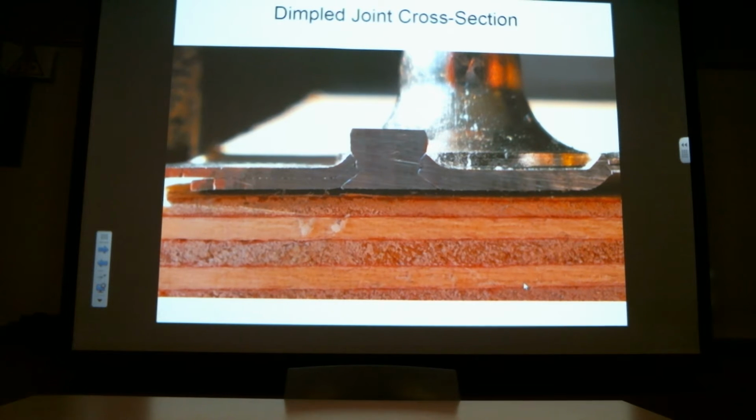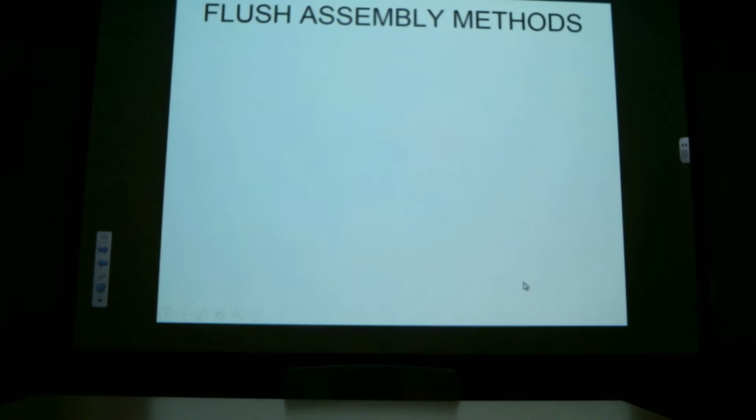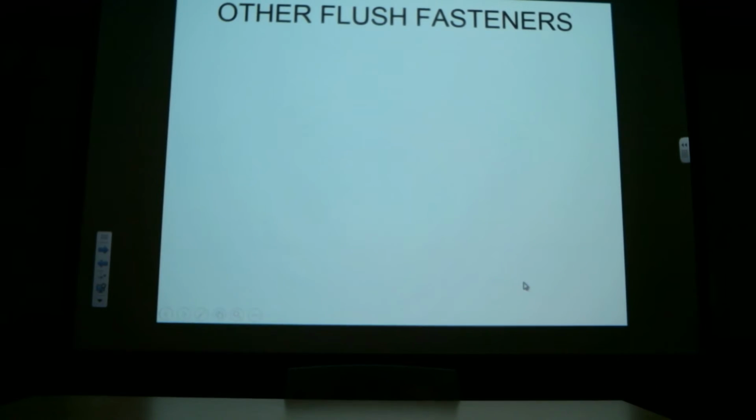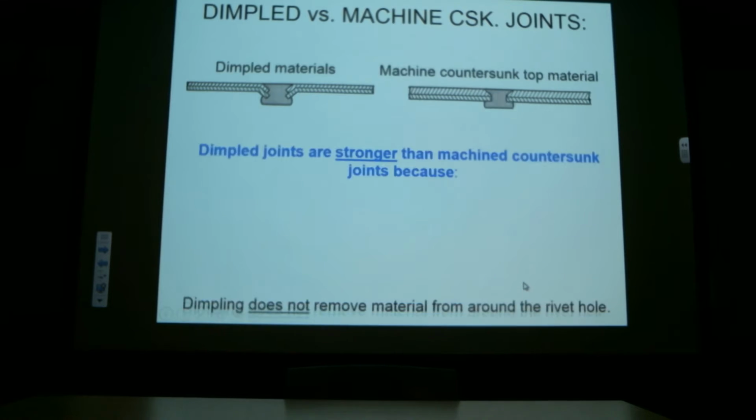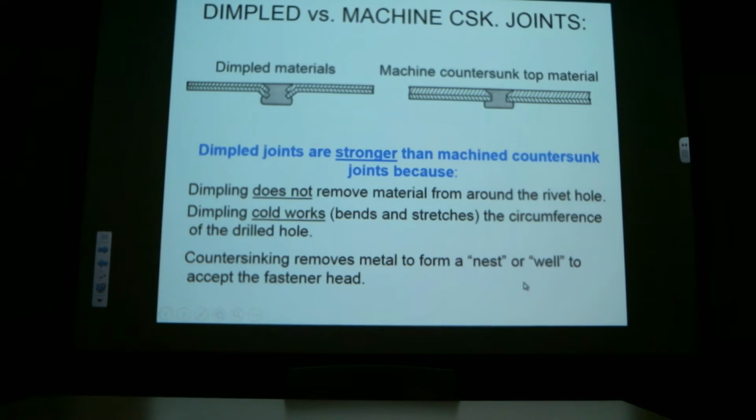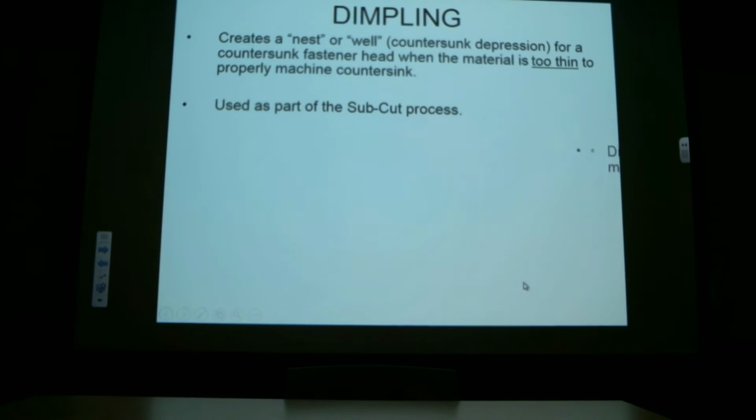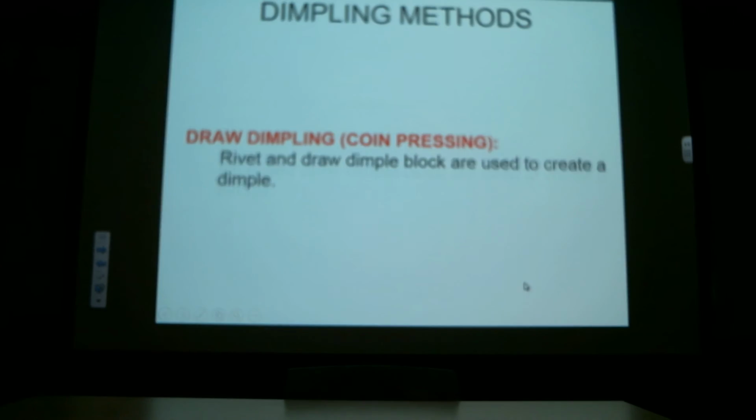Here's a cross section of a rivet in a dimple hole. Different types of dimpling.